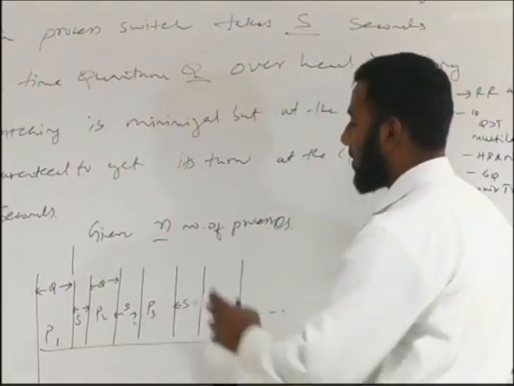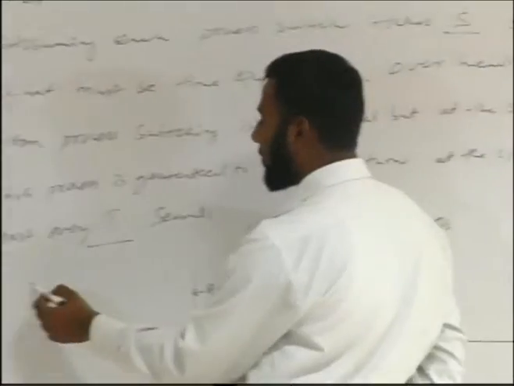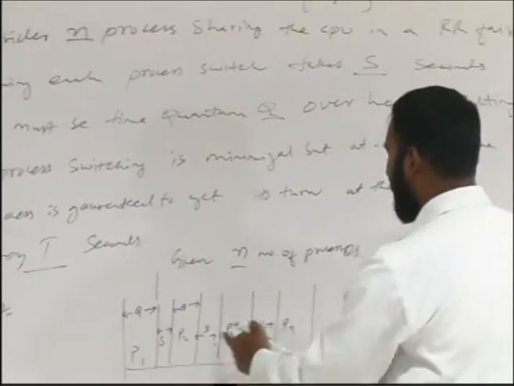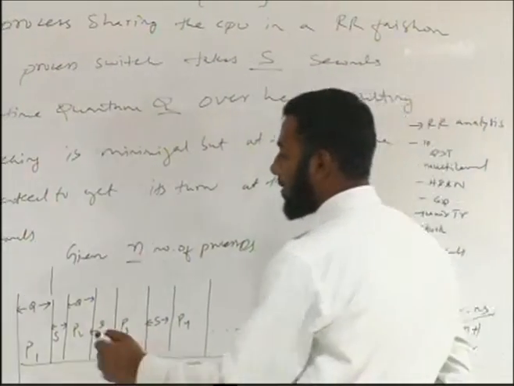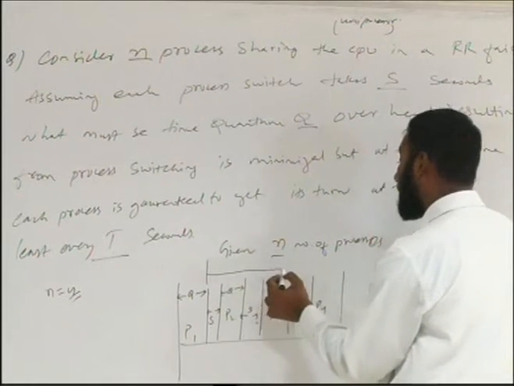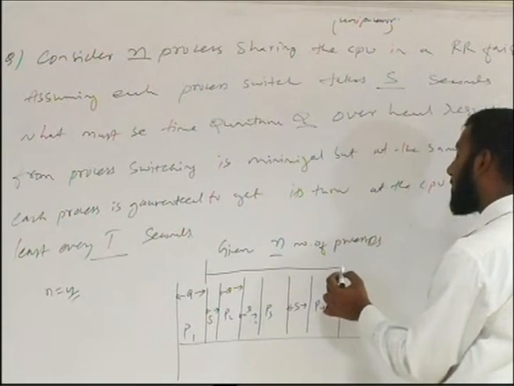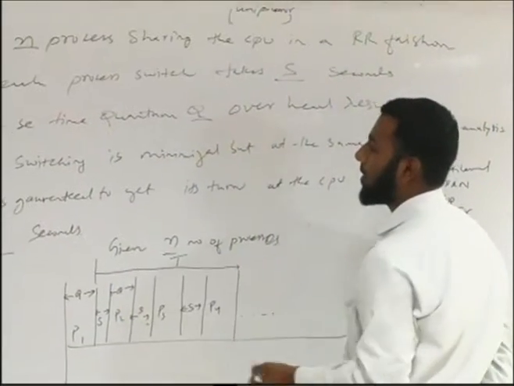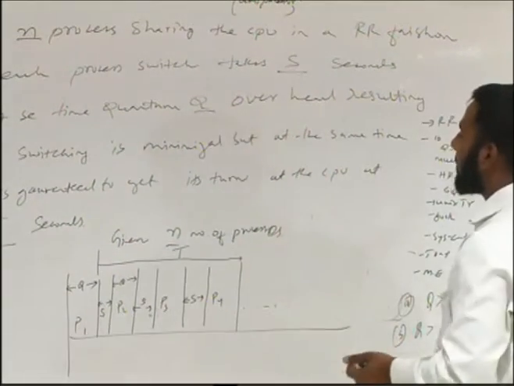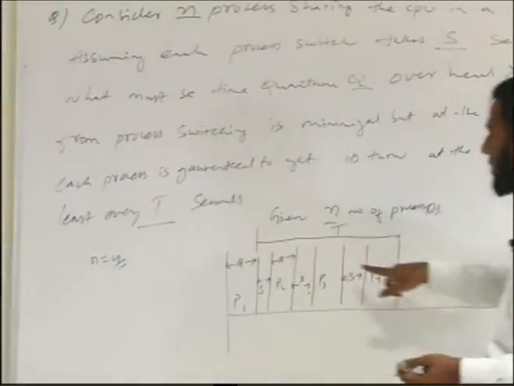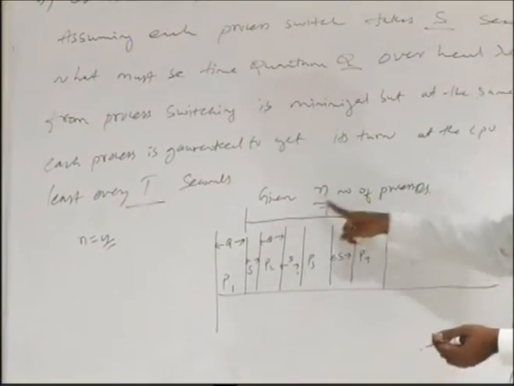Now let's assume instead of n, we take n is equal to 4 here, for example. If n is equal to 4, then I have 4 processes. Then if process P1 is executed, then the next time interval in which process P1's turn comes again will be T. That is, the CPU at least every T seconds a process should get a chance to execute.